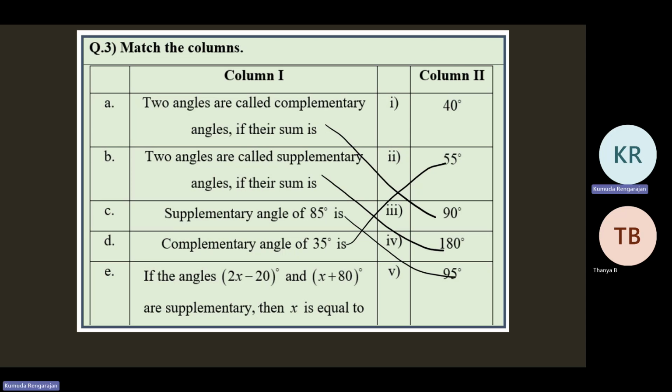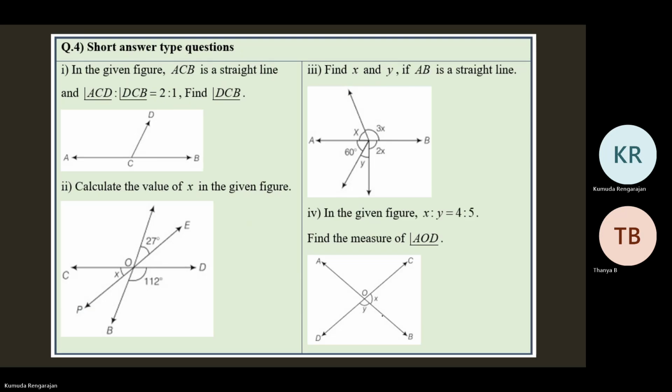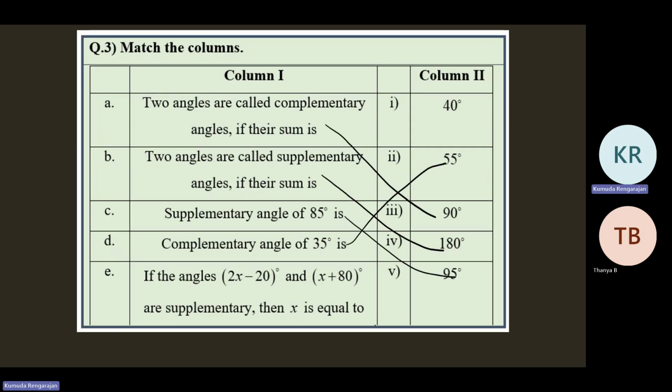If the angles 2x minus 20 degrees and x plus 80 degrees are supplementary, then x is equal to? Okay. If these two angles are supplementary angles, that means their sum is 180 degrees. Sending the picture, just a minute.